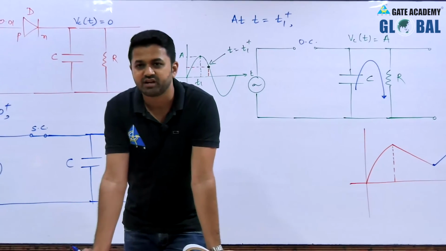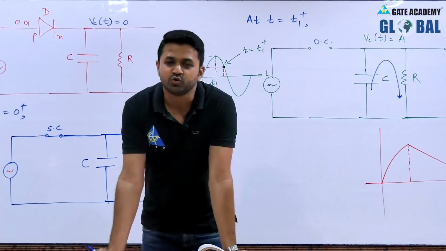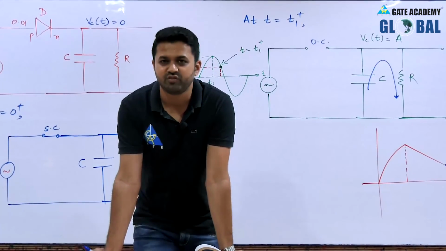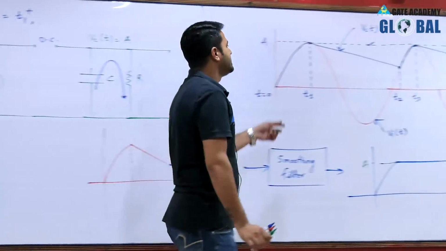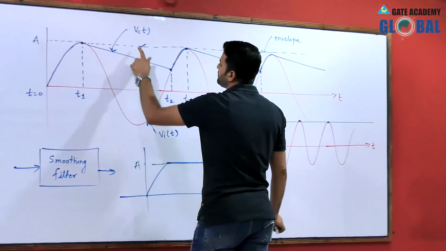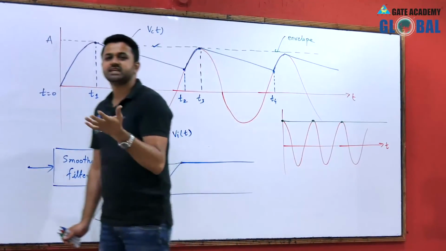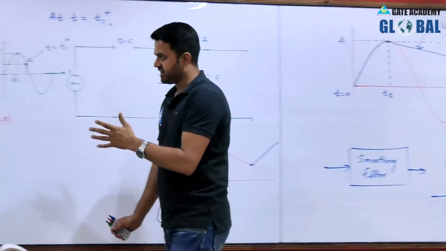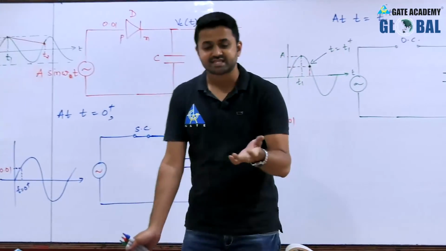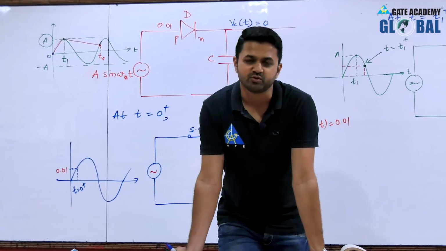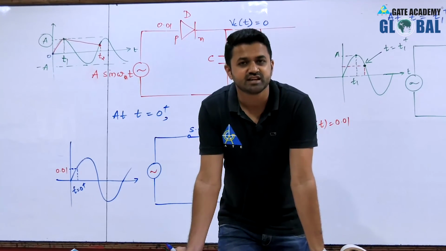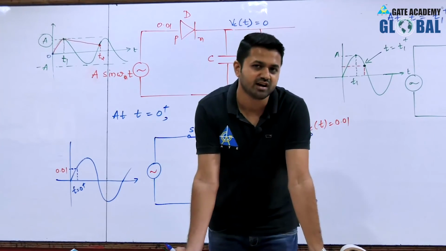What will happen, and what is the condition to follow the envelope of the AM signal? Here we are not considering any particular condition for it to follow the envelope properly. We are assuming that the envelope detector, or the capacitor voltage, follows the envelope of the input signal, but there is a condition under which it exactly follows the envelope.